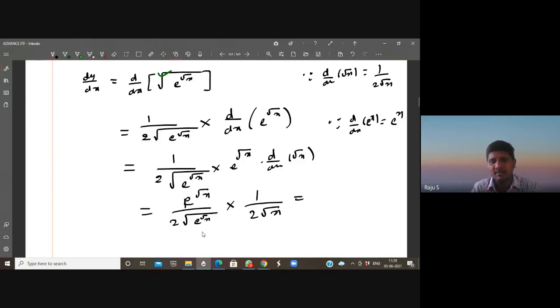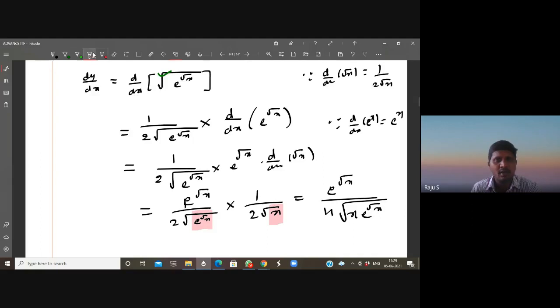So finally what is the answer? E to the power of root x by 2 into 2 root of, shall I write like this, x e to the power of root x. Yes students, can I write here root. I want to write first x into e to the power of root x, that is x e power root x.